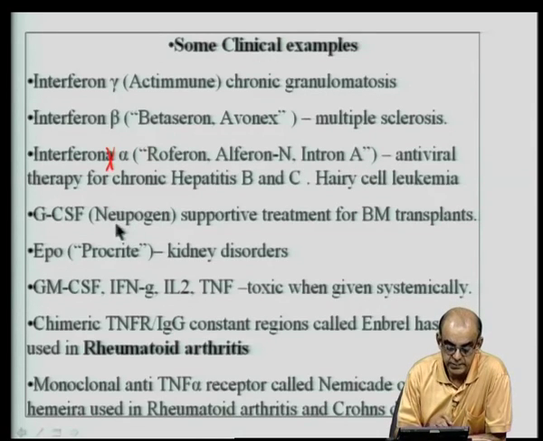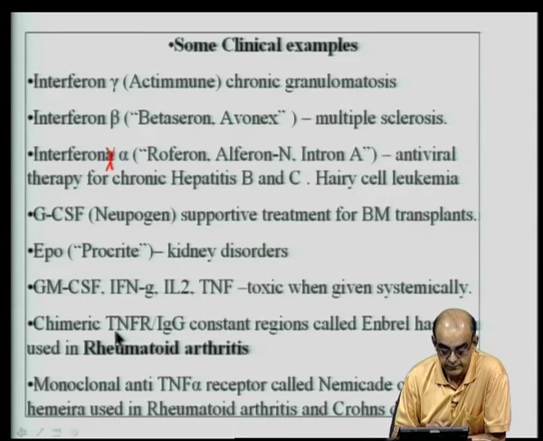Then you have Neupogen, which is nothing but granulocyte colony stimulating factor, as a supportive treatment for bone marrow transplantation. Then you have GM-CSF, then you have chimeric TNF receptor as a fusion with the IgG constant regions.